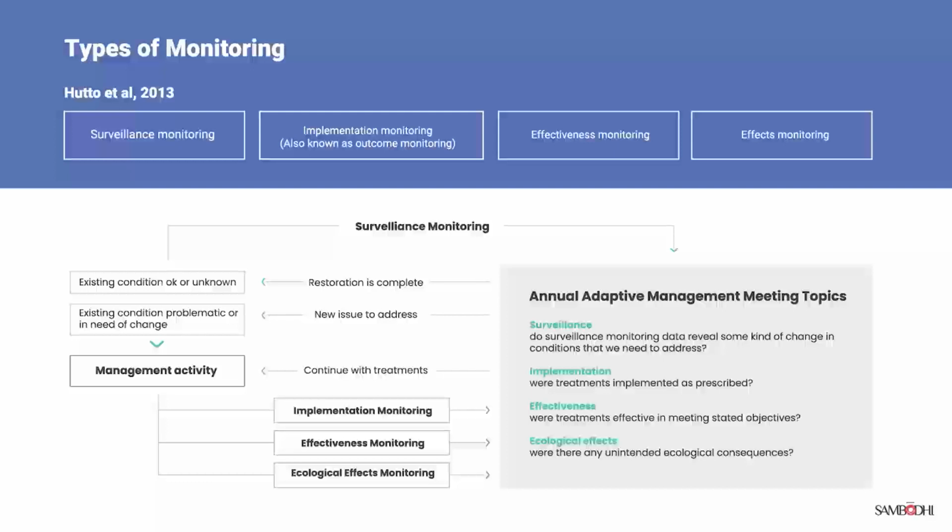The starting point for the conceptual model is given in the clouds in the diagram, such as assessing the existing condition and seeing if it is okay or unknown, and what are its problematic areas, or if it needs any changes. These starting points indicate the current condition of resources, as determined through surveillance monitoring or some other kind of assessment.